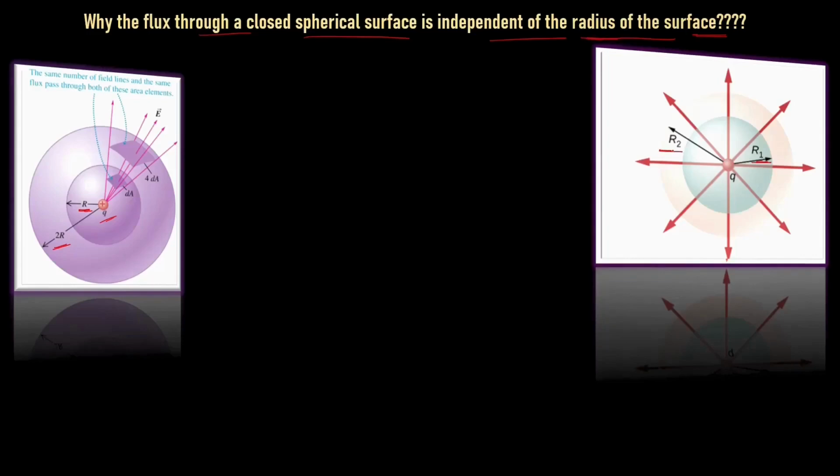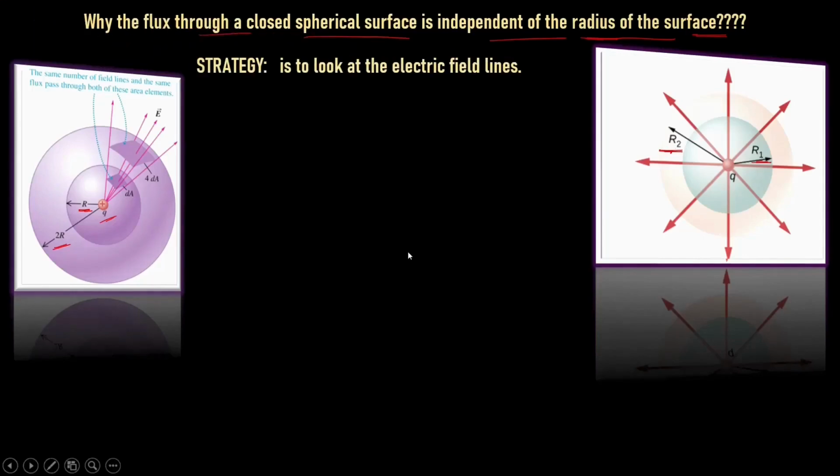It doesn't mean that the larger the radius of the given surface, the more will be the flux. That is the misconception that students generally develop, that it depends on the surface area, and that if we increase the surface area, flux will increase. It is not the case. The strategy we have to follow is to look at the electric field lines. By the definition of flux, the electric flux just depends on the field lines, and these field lines are characteristics of the source charge.